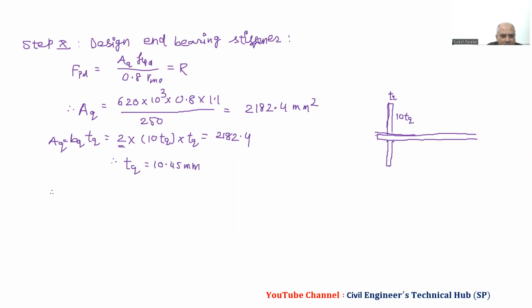And therefore BQ, that is 10 TQ, 10 into 10.45, and we will get it as 104.5 millimeters.